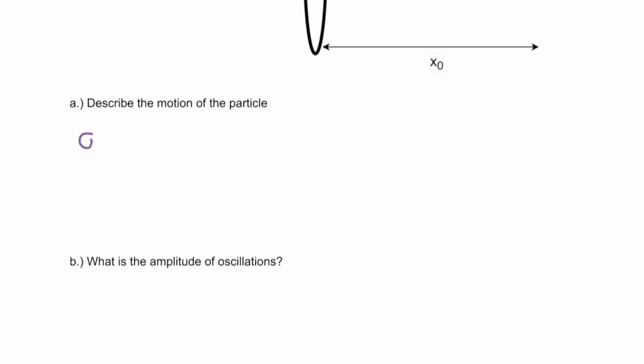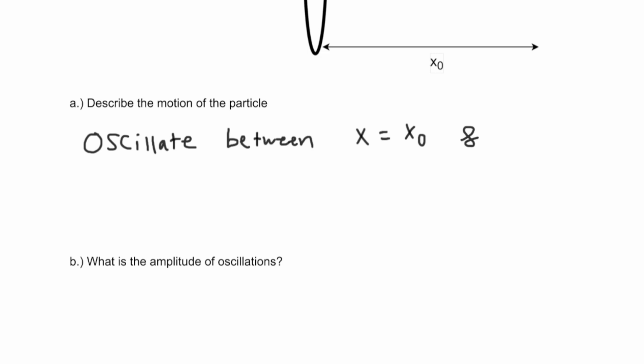Well, it's just going to oscillate between x equals x naught and x equals minus x naught. So it's just going to keep going back and forth.